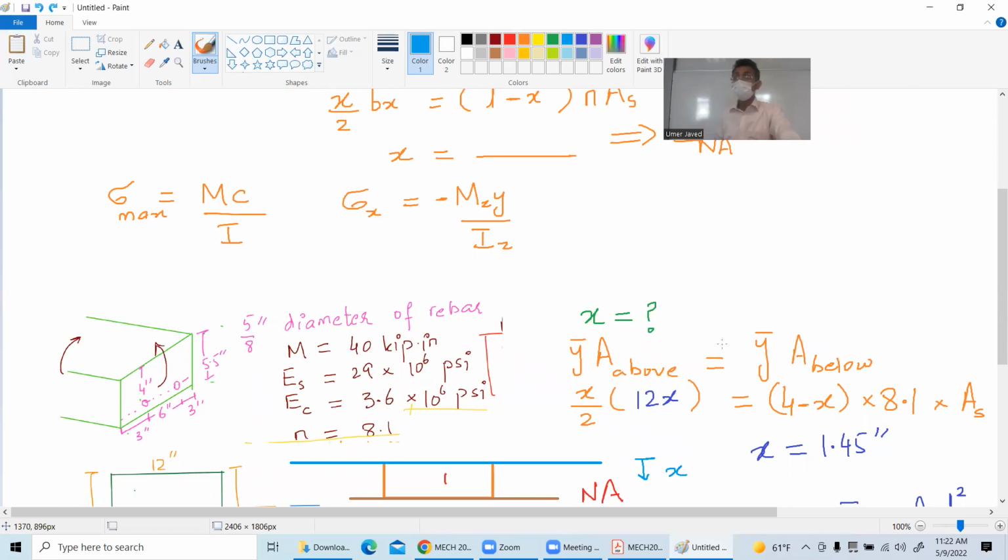Also, where do we find this equation, y bar above equals y bar below? It comes from the moment. I don't remember exactly. Probably somewhere in statics where we talk about centroidal lines. Y dash A above is equal to y dash A below. Probably in your statics book.